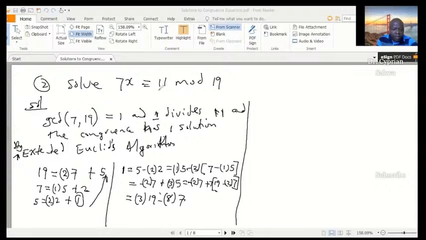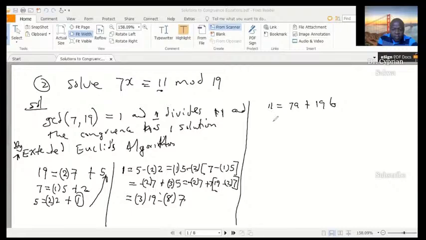But what we want is 11 here. What we want is something like 11 equals 7a plus 19b, so that a becomes our solution.